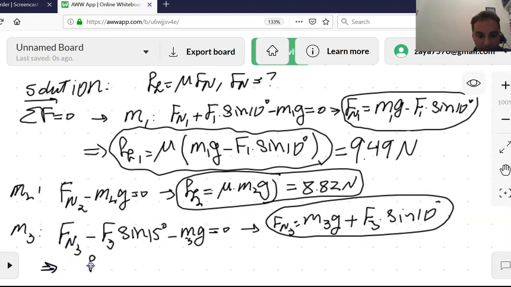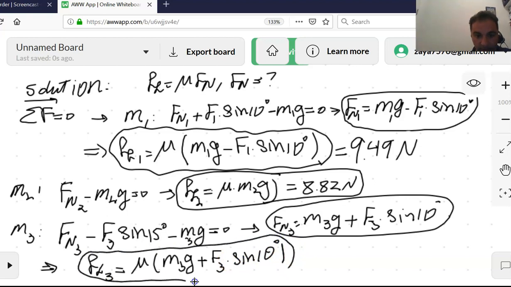Therefore, friction force 3 will be mu times this guy, M3g plus F3 sine 15.